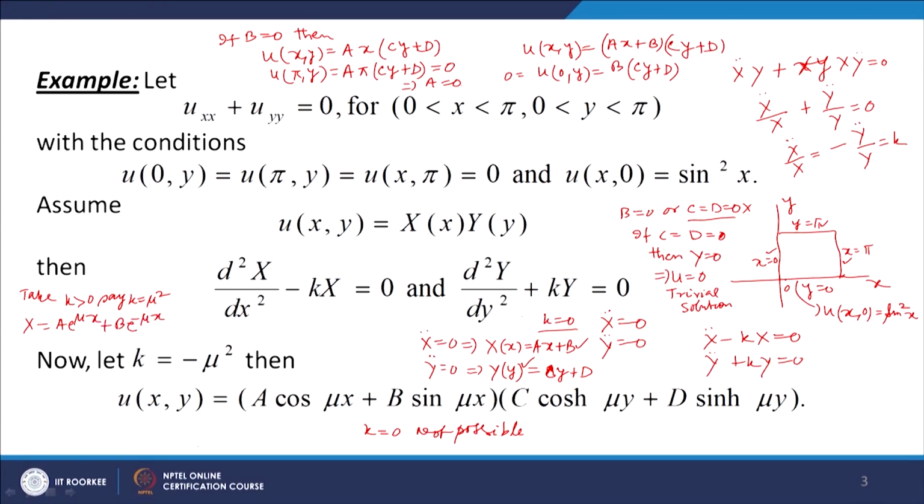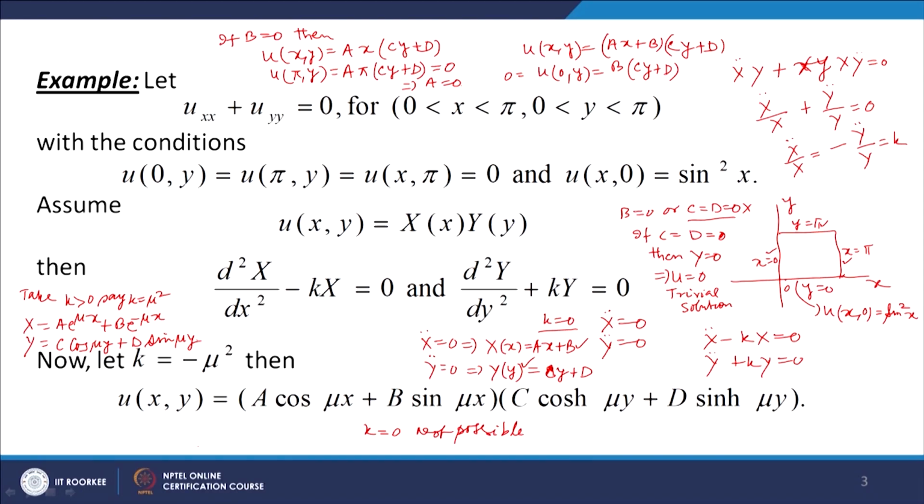And here K is equal to mu square means the auxiliary equation will be m square plus mu square equal to 0. So m will be plus minus i mu, so we will have complex roots. So Y will be equal to C times cos mu y plus D times sin mu y.